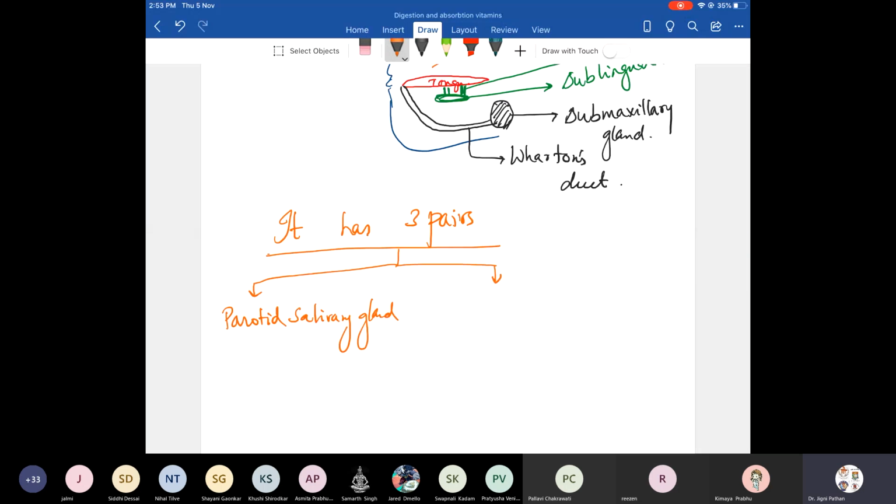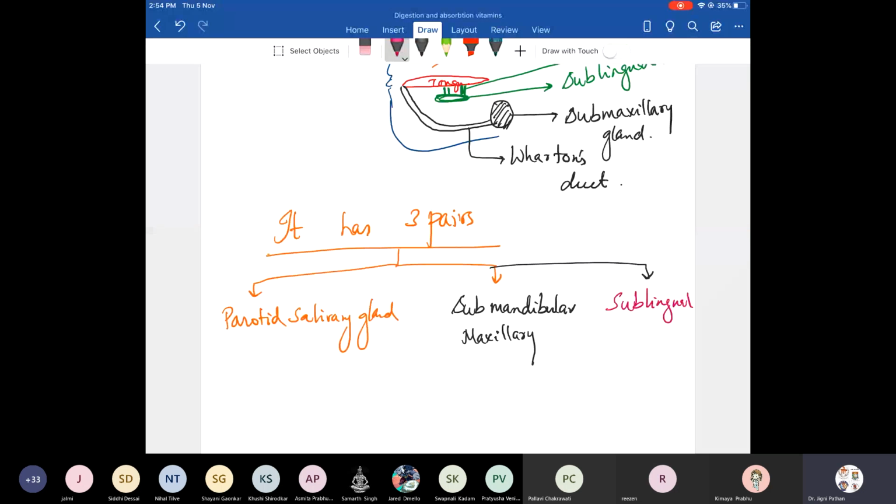The second one is the submandibular or maxillary gland. The third one is sublingual.